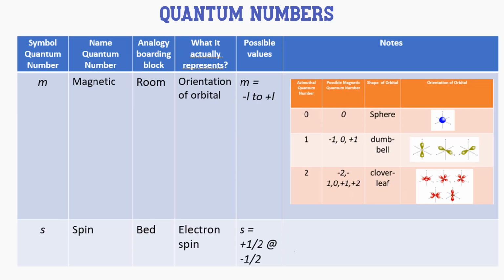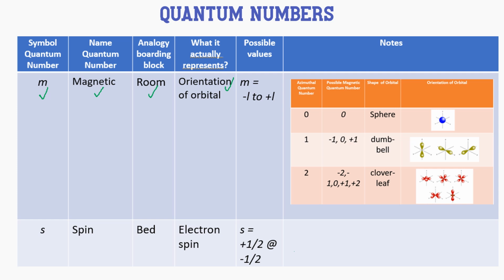Now let's look at the third quantum number, represented with the symbol m. It is referred to as the magnetic quantum number and is considered the room in the block. It represents the orientation of the orbital, and the possible m value is negative l to positive l.